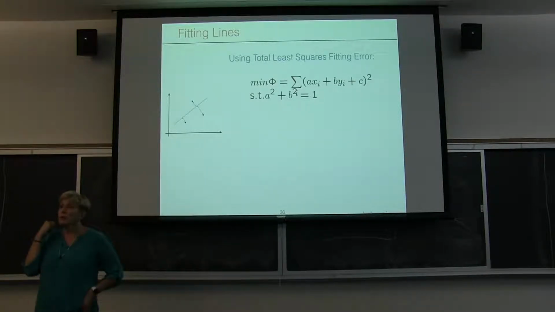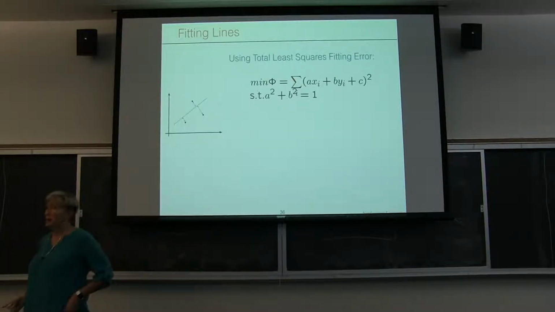Okay? So before, what I did is I took the derivative of the objective function. What do I need to do here to optimize it? How do I find the optimal A, B, and C? I also take derivatives and set them to 0. Right? How do I deal with a constraint a squared plus b squared equal to 1?